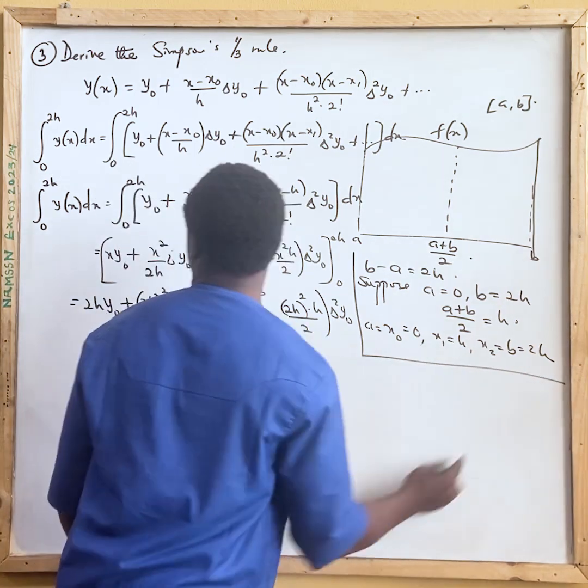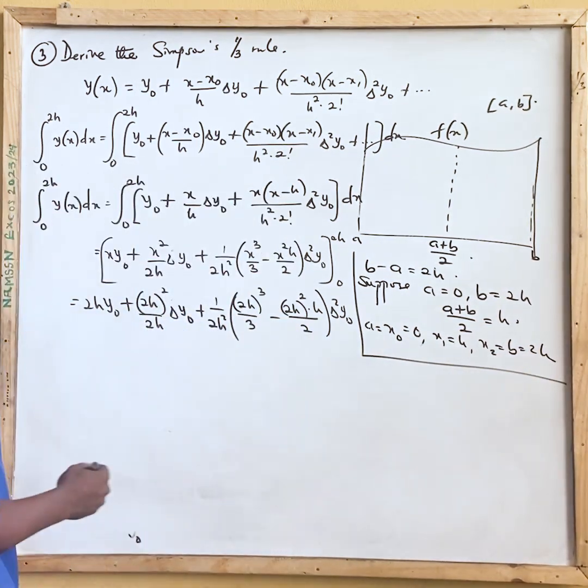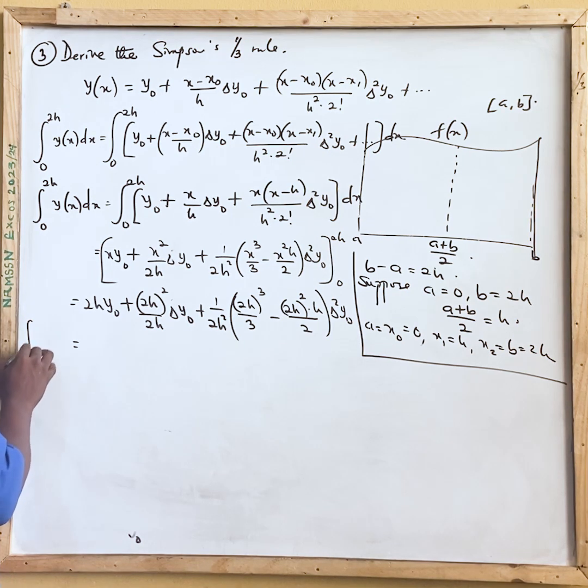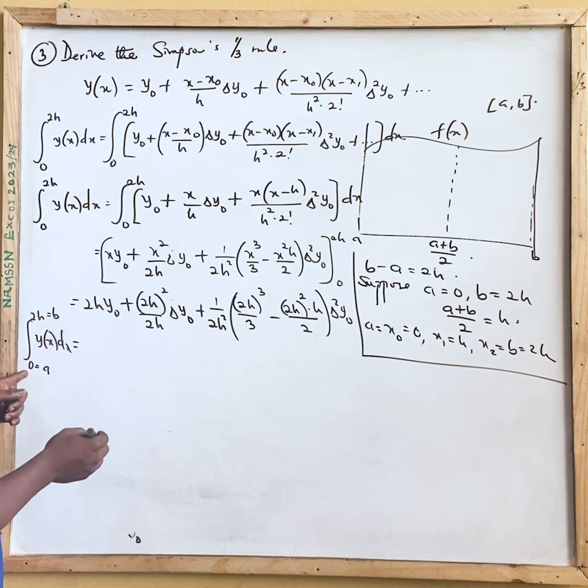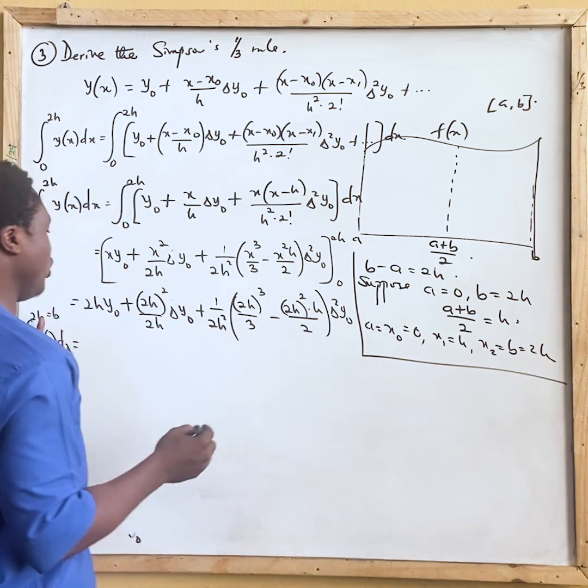So at this point we can simplify, starting with the integral from 0 to 2h of y of x dx. I can say this is the integral from a to b, because we already said that our 0 is a and then 2h is b.